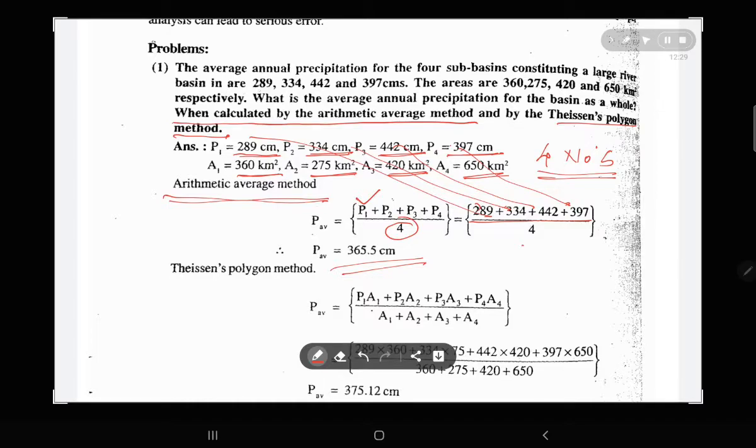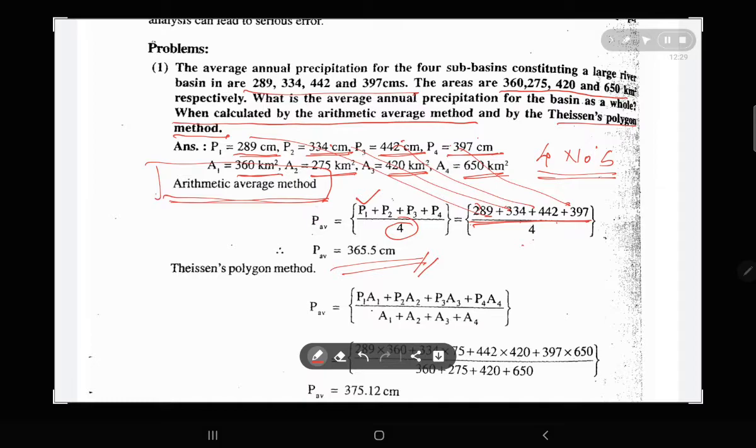We have 4 stations, P1, P2, P3, P4, and the rainfall at the different stations are 289, 334, 442 and 397, and the area covered by the rain gauge stations are 360, 275, 420 and 650. In that case, the average rainfall of Vijaypur city is equal to 289 plus 334 plus 442 plus 397 divided by the number of stations. So we got 365.5 centimeter as the average rainfall using the arithmetic average method.